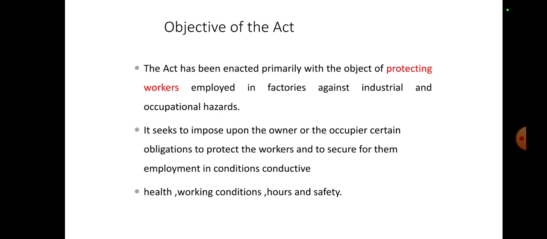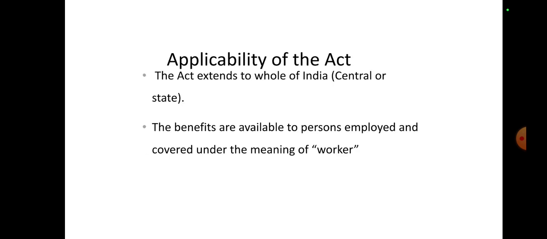The first and foremost objective of this act is that it seeks to impose upon the owner or the occupier certain obligations, to protect the workers and to secure for them employment in conducive conditions. The different provisions cover health, working conditions, working hours, safety and so on.